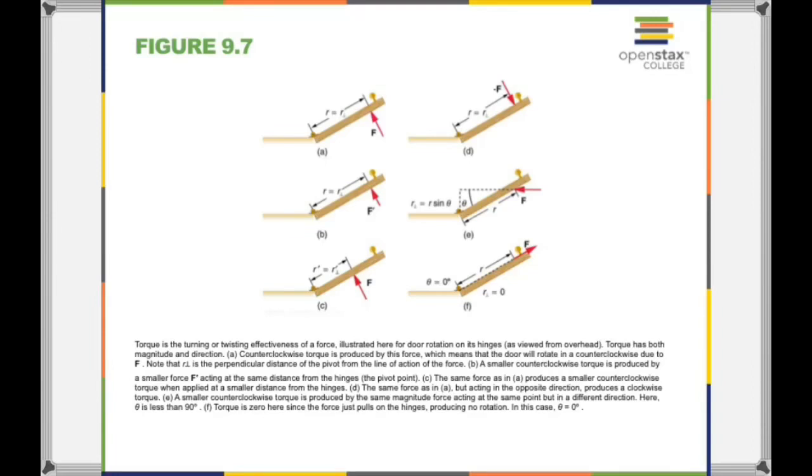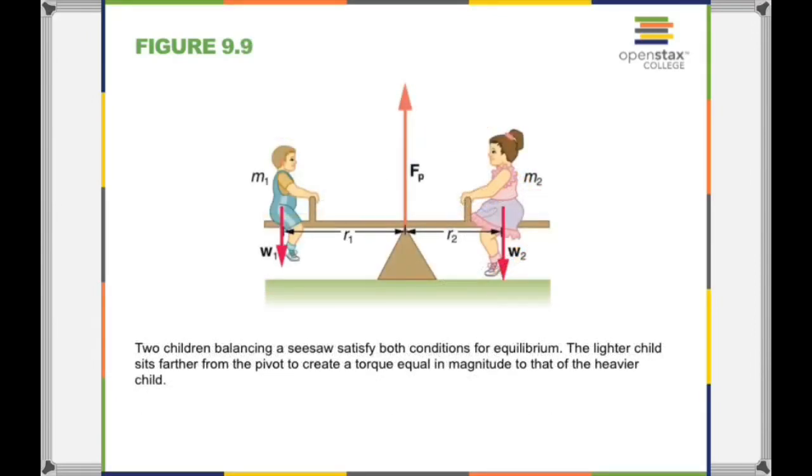So, there is actually no perpendicular distance between the line of action of the force and the axis, because the line of action of the force passes through the axis, which means that in this case, there is no torque. The torque is zero.